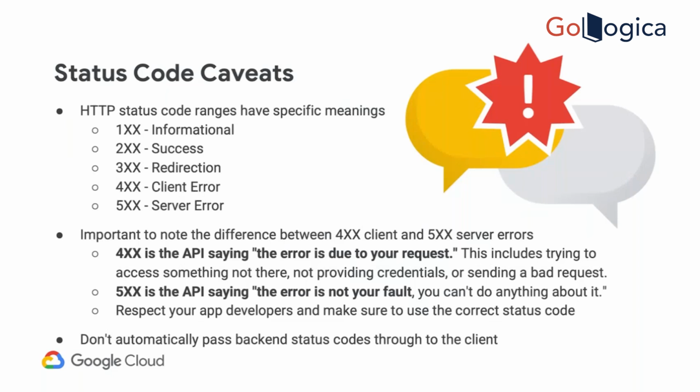You will never see 1xx. The final response status starts from 2xx. 3xx is for redirection: resource moved, not modified, those kinds of things. 4xx is client error and 5xx is server error. It is very important to remember.